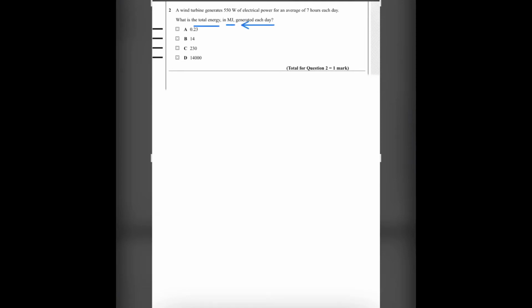What formula links power, time, and energy? Power equals energy divided by time, or work done divided by time, right? So the total energy would be power multiplied by total time operating.